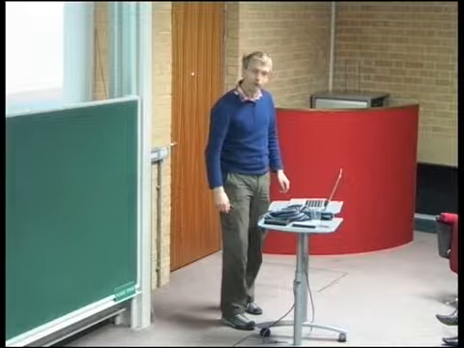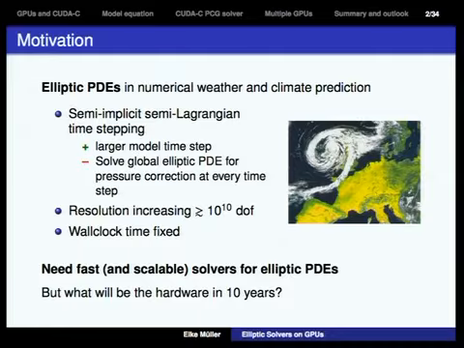So why am I talking about elliptic solvers and why GPUs? You probably all know why solving elliptic PDEs in numerical weather and climate prediction is important. If you do semi-implicit semi-Lagrangian time stepping, you can use a larger model time step, which is good.